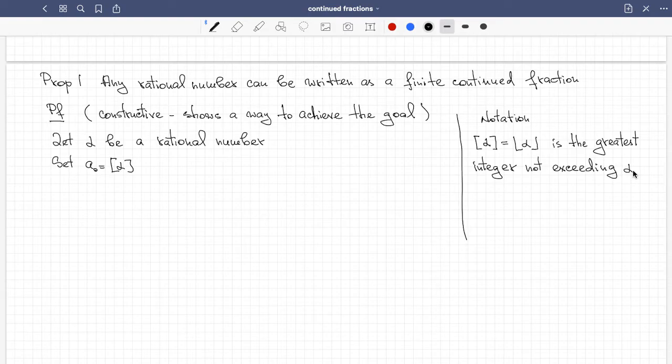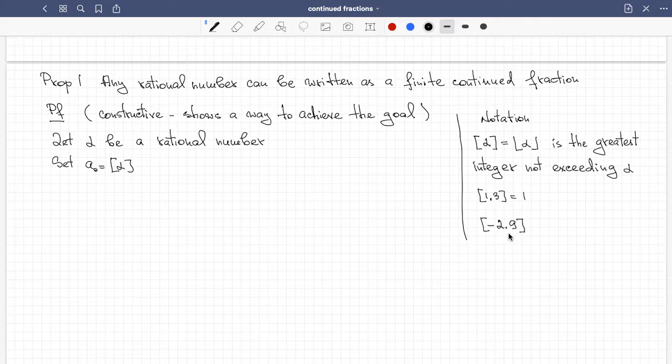So this means that the integer part of an integer is this integer itself, and the integer part of 1.3 is 1, and a very general misconception: what is the integer part of negative 2.9?